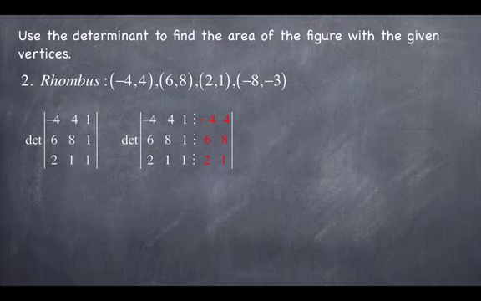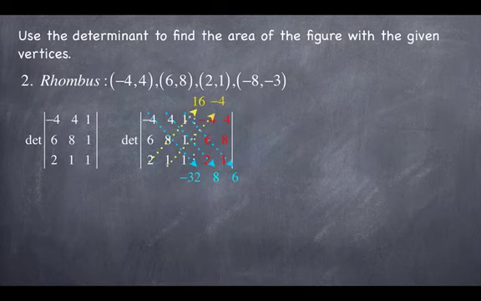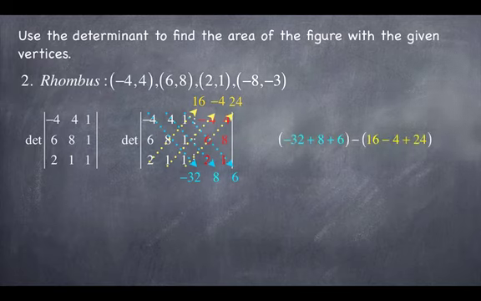So again, this is the way that I compute the determinant, just like I showed you in number 1. Take the product of those 3, product of those 3, and so forth. Next product. And this is what you get. At this point, you're going to find the difference of those sums, and you end up with -54.